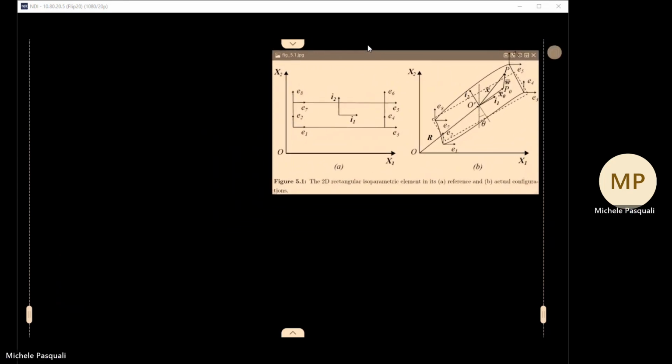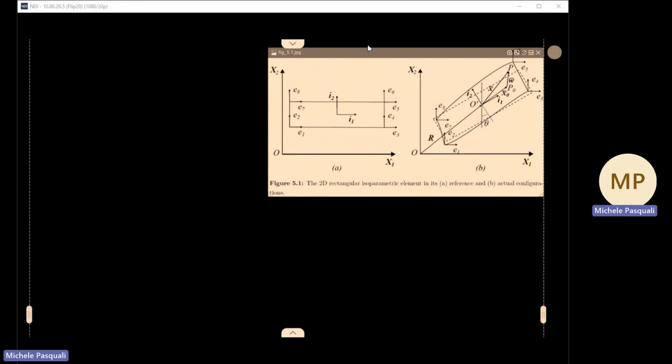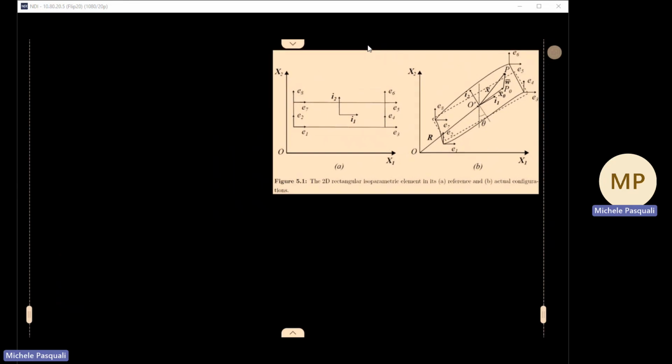So here you see the different quantities which are involved in a general motion. So in this case, we also have deformation. Okay, we have a rigid motion plus deformation. So what we are doing now is writing the energy content associated to a general motion for the 2D isoparametric rectangular element. Then we will apply this to the specific case of a rigid motion and see if the energy actually stays constant. That's what we're going to do.